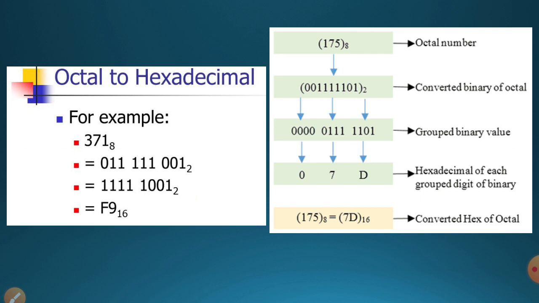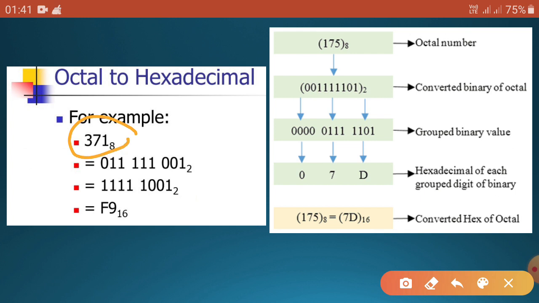Here it is 371. For 1 the binary number is 001, for 7 the binary is 111, for 3 the binary number is 011, and you have to make groups of 4 bits here. So it will be 1001, and another will be 1111.